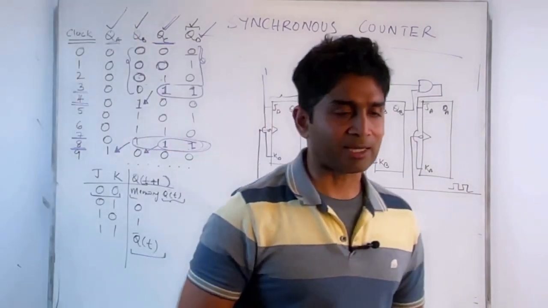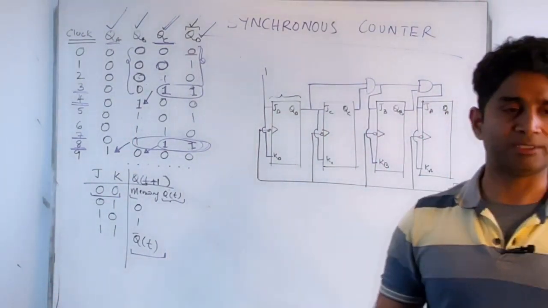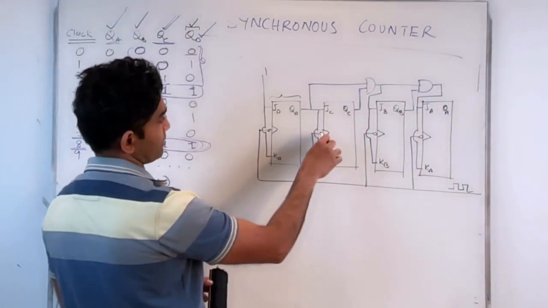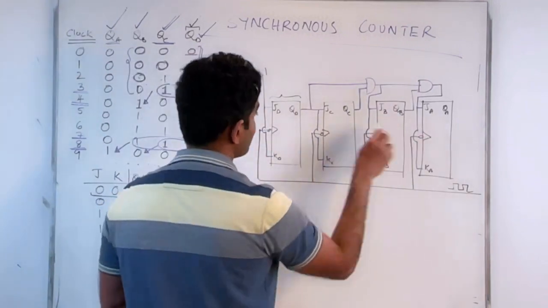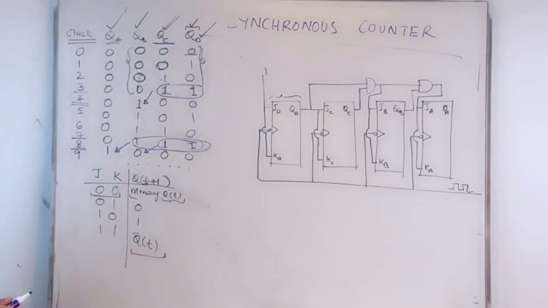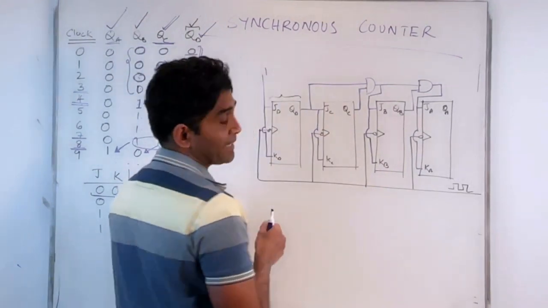So now I have designed a simple synchronous counter. In this case, I don't have to worry about the delay of the clock, because each of my stages is synchronized with the master clock. So I don't have to worry about the delay of the flip-flop stages themselves getting added up.